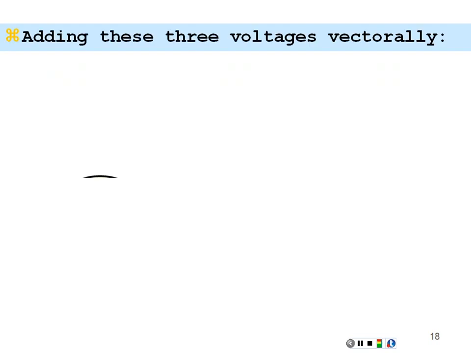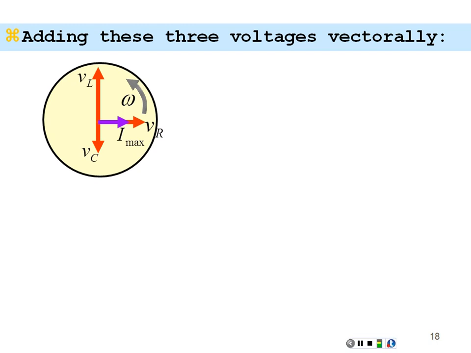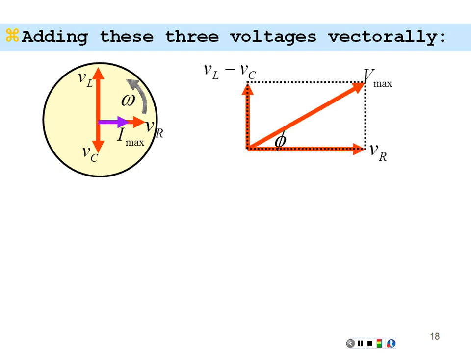Well, if we were to add these voltages together vectorially, we could go ahead and subtract the voltage of the capacitor from the voltage of the inductor and get some net voltage in the y direction, and that will be perpendicular to the voltage of the resistor. So we can add these voltages together and then vectorially determine our maximum net voltage for this circuit.